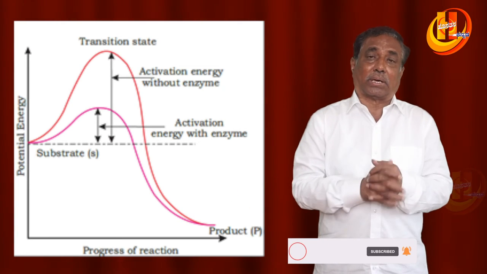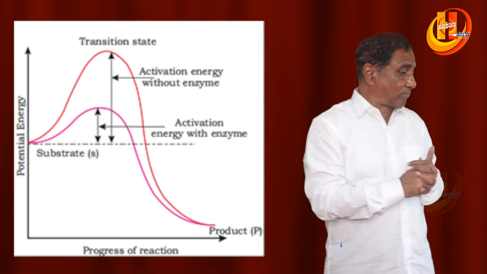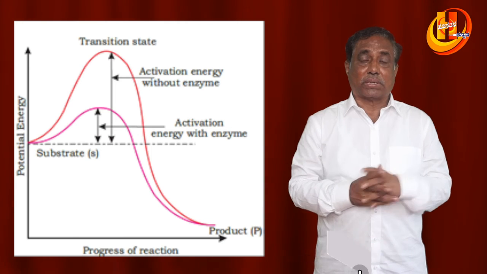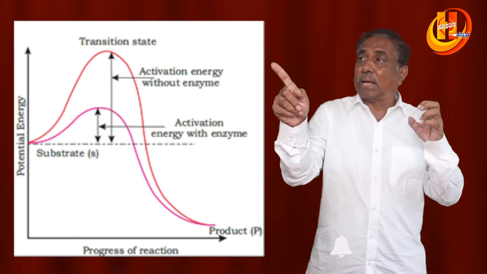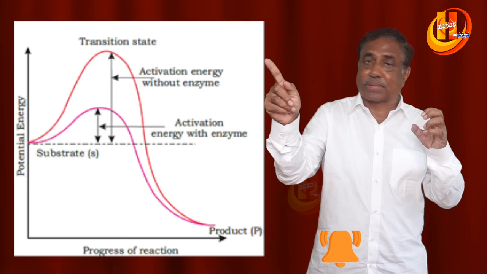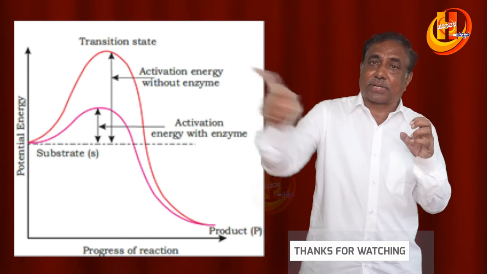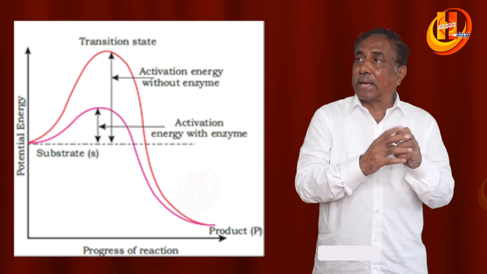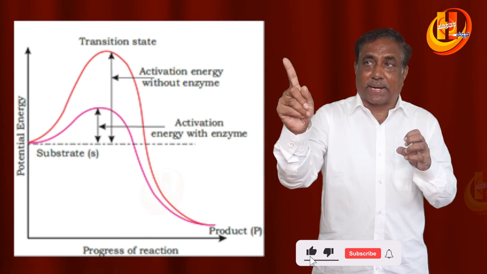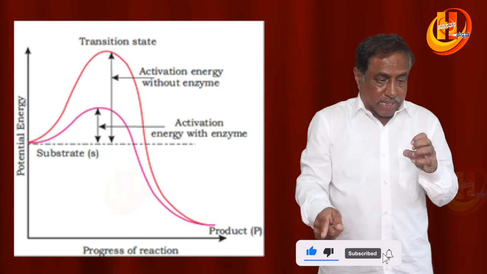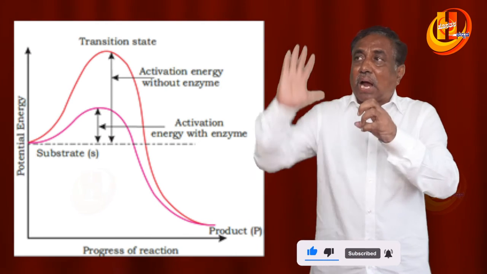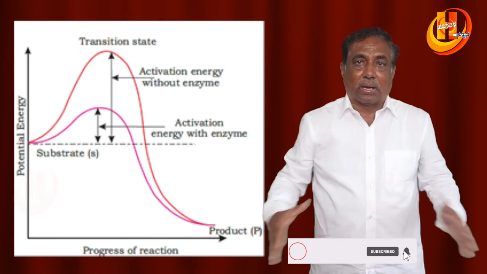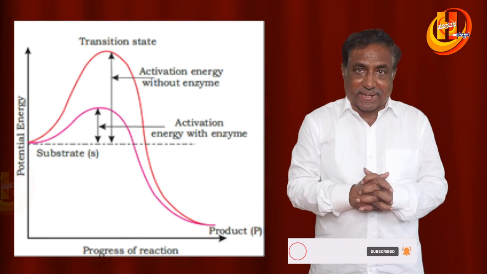And then there are certain inhibitors of enzyme action. These inhibitors have a structure similar to the substrate and compete with it. This is very important. Instead of the substrate, they bind with the enzyme, hence no substrate is available and the enzymatic activity is inhibited.